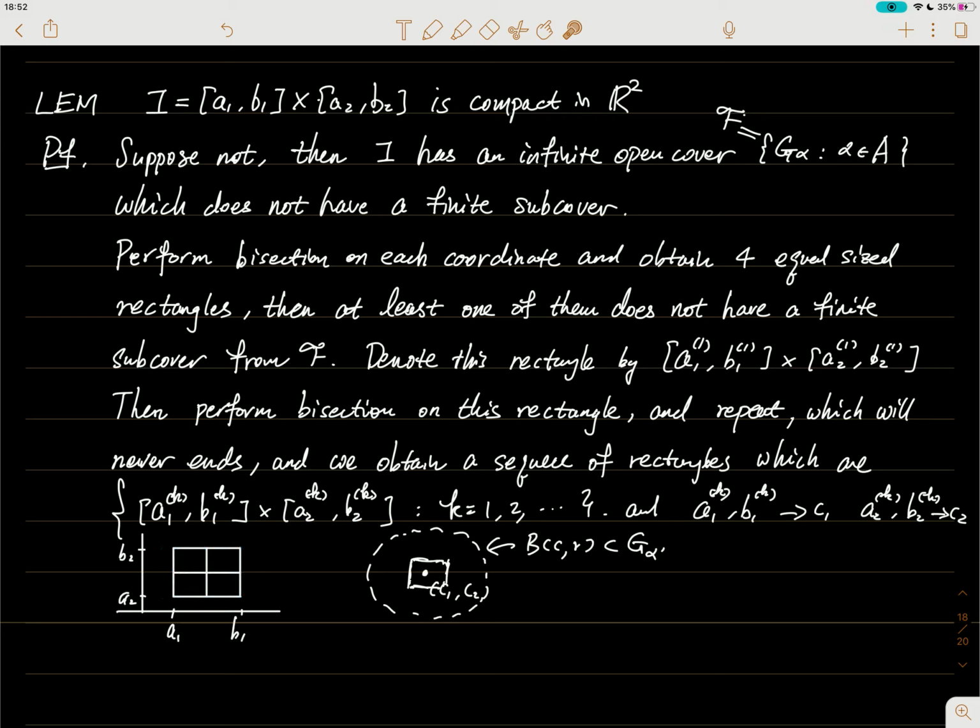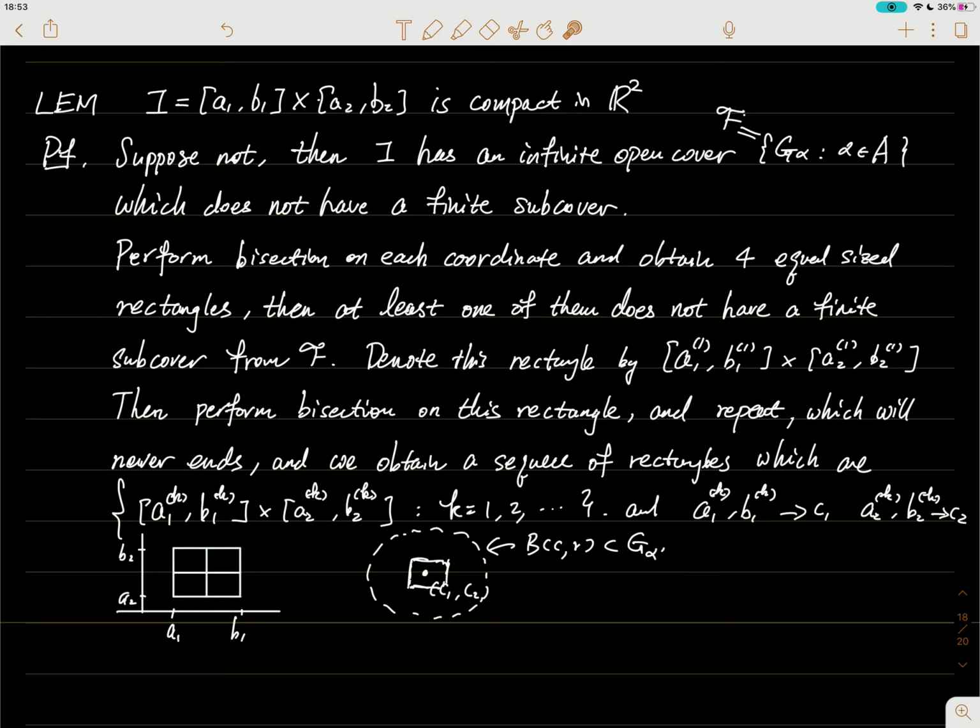Because this set is not compact, I can find an open cover which does not have a finite subcover. That means we cannot use only finitely many of them to cover this box, and also we cannot use finitely many of them to cover all of these 4 equal-sized boxes.